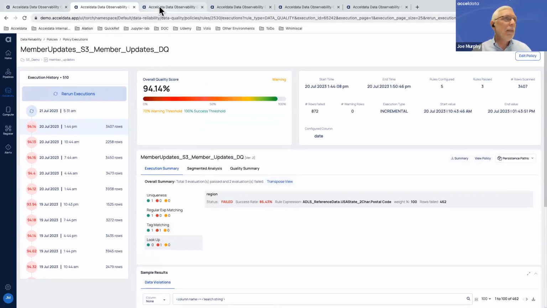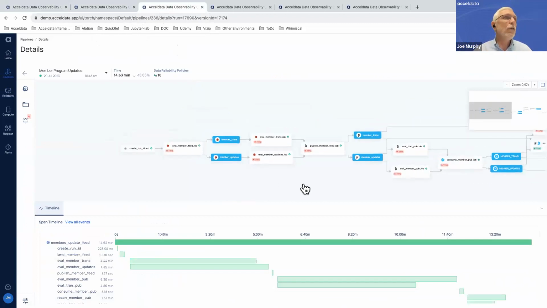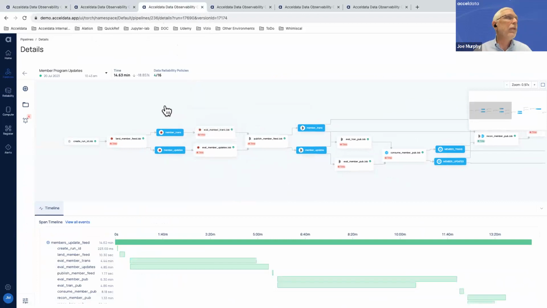Okay. Now, I talked about this as part of a pipeline, right? So we also have the ability to observe these pipelines that move this data that's eventually going to produce that member data product, right? And here you see a representation of this pipeline where I'm collecting some input data.